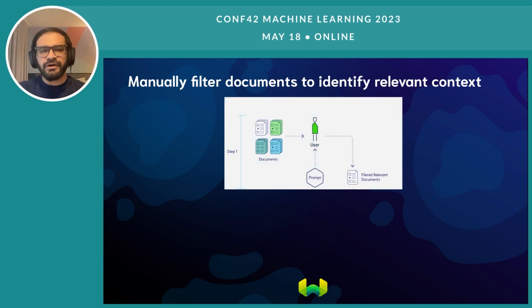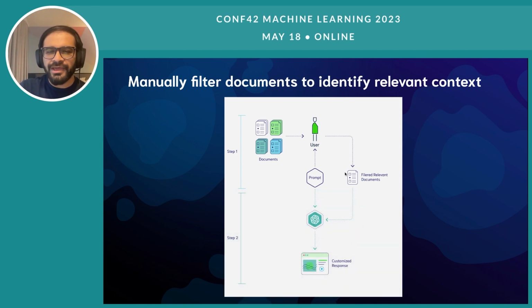So imagine you've got thousands of documents here and only some are relevant to the prompt that you're asking. You have to sit there and go through each one at a time and say, this is relevant, that's not relevant. Once you're done this, you'll have a subset of the relevant filtered documents. Then you can go ahead and pass the prompt over to your large language model along with the documents that you filtered over that you copy paste in.